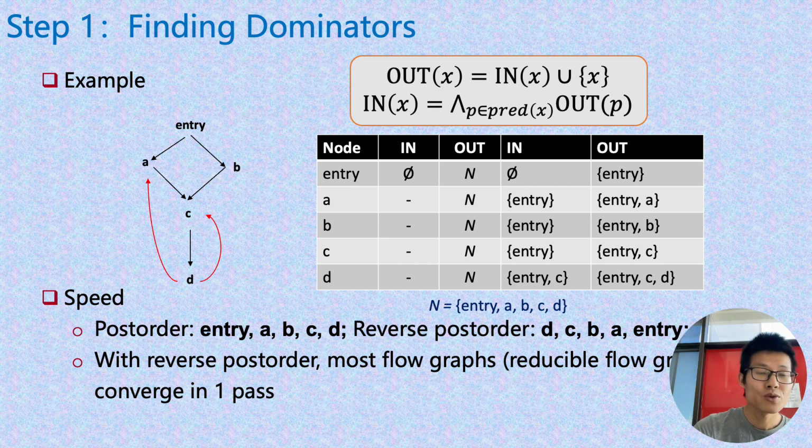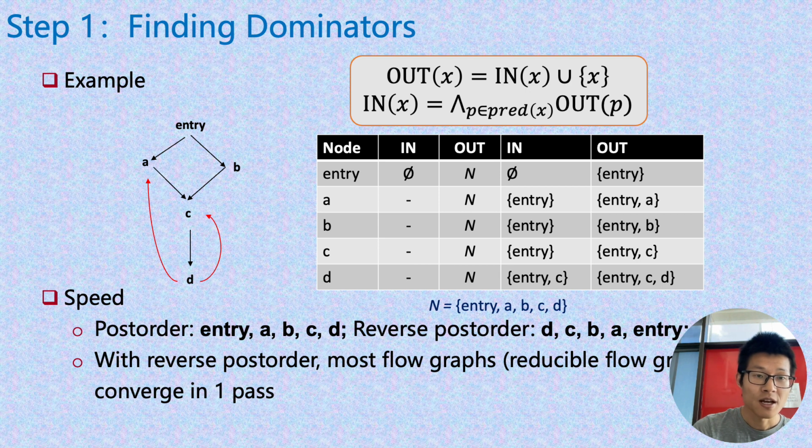So initially we use the first transfer function. We get the out value of the entry to be a set with a single item, entry, and next we compute the in and out value of node A. As you can see from the flow graph, the predecessors of node A are entry and node D. So its in value is the intersection of the out values of its predecessors.